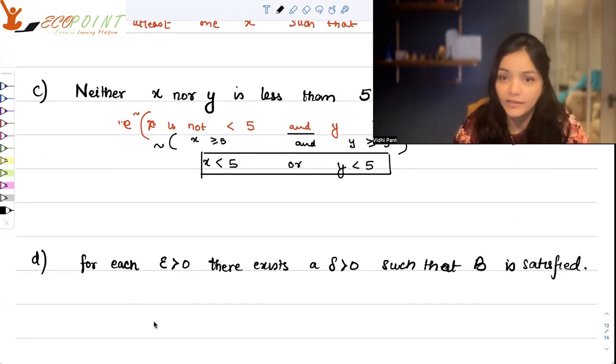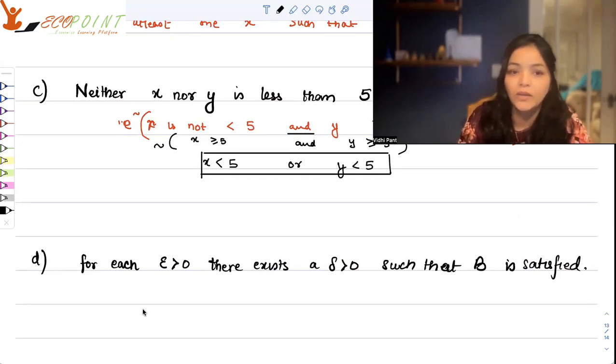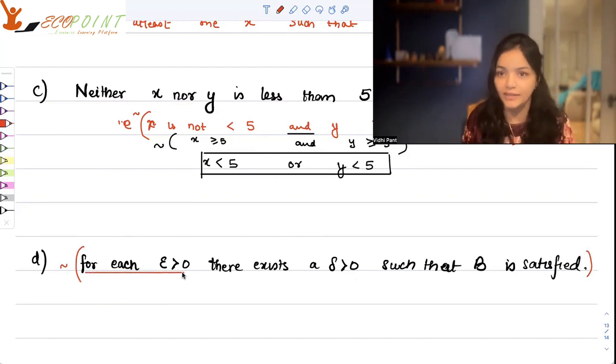For each epsilon greater than 0, there exists a delta greater than 0 such that B is satisfied. So we are saying for every epsilon that you take, there exists a delta such that B is satisfied. I want the opposite of this. How do I make it false? I'm saying something is true for every epsilon.